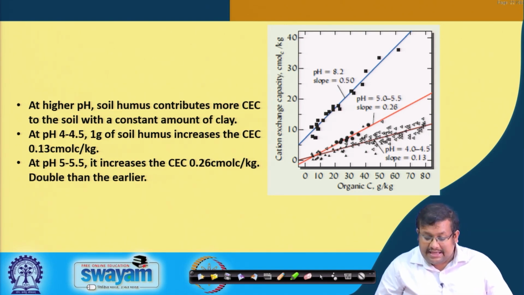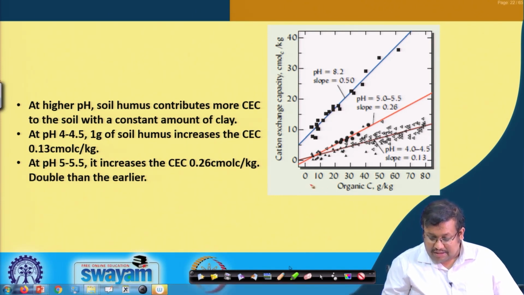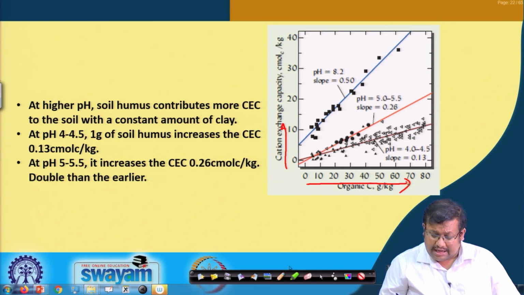You can see this more clearly in this graph, where we are increasing the organic carbon on the x axis against the cation exchange capacity. When you increase the organic carbon concentration, the cation exchange capacity increases, and this increase is low in the case of lower pH, intermediate for intermediate pH, and highest for higher pH.